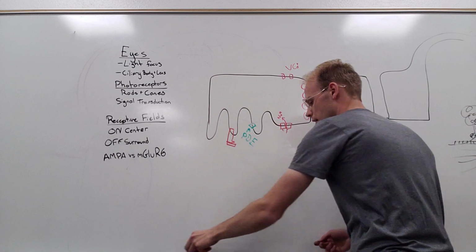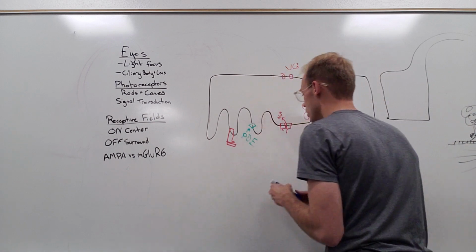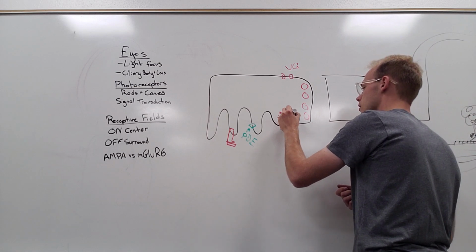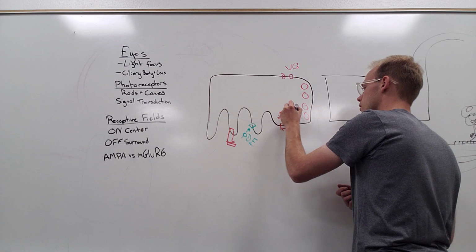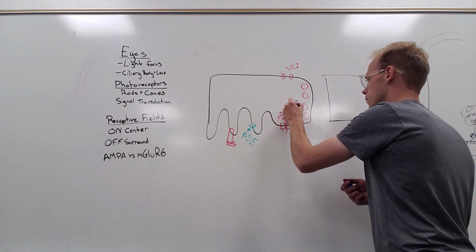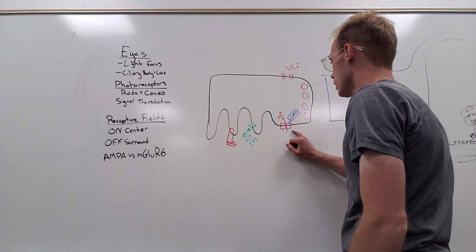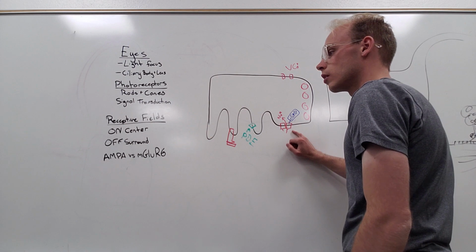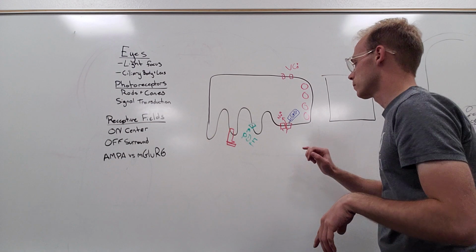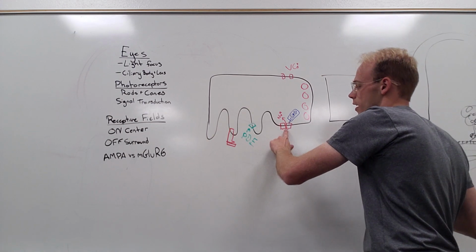So what happens is normally within the cell, I'm going to use blue for this. So within your photoreceptor, when there's no light, attached to this is cyclic GMP. Is it cyclic GMP? Either cyclic GMP or cyclic AMP. I'm pretty sure it's cyclic GMP. So cyclic GMP naturally is attached to this, which allows it to stay open.